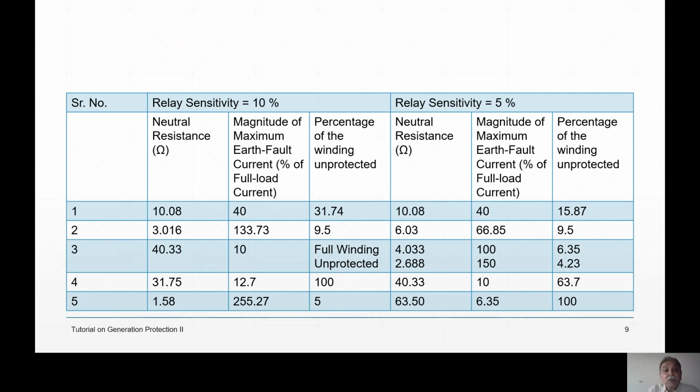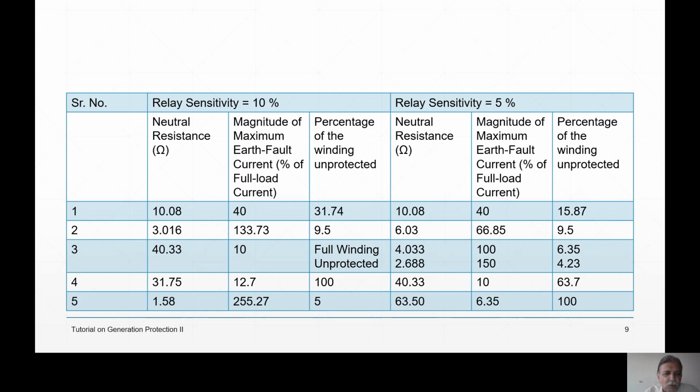That is the possibility of damage to the stator core laminations. If I limit the earth fault current to only 10% of the maximum earth fault current, then no winding will be protected. Even up to 12.7 ohms of the magnitude of the earth fault current, no winding.